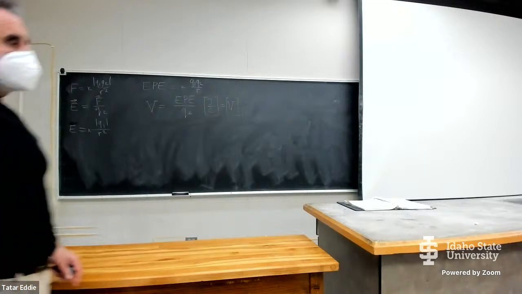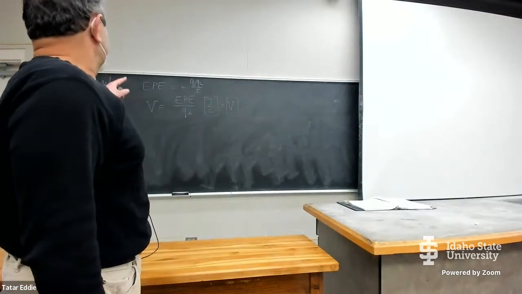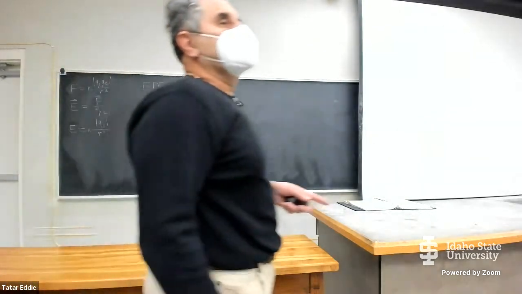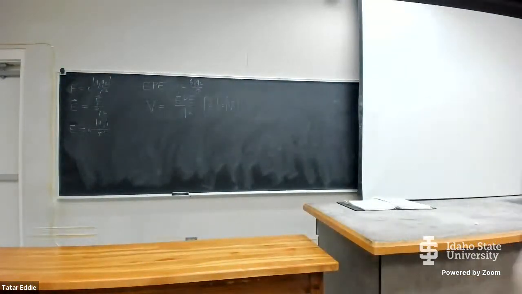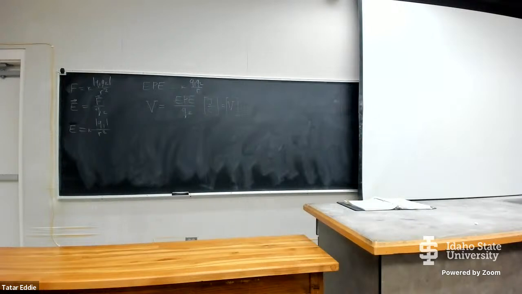Now we have to realize that electric potential energy is an exact analog of gravitational potential energy. The difference is very small. When we talked about gravitational potential energy, we said that the gravitational potential energy is defined up to a constant.